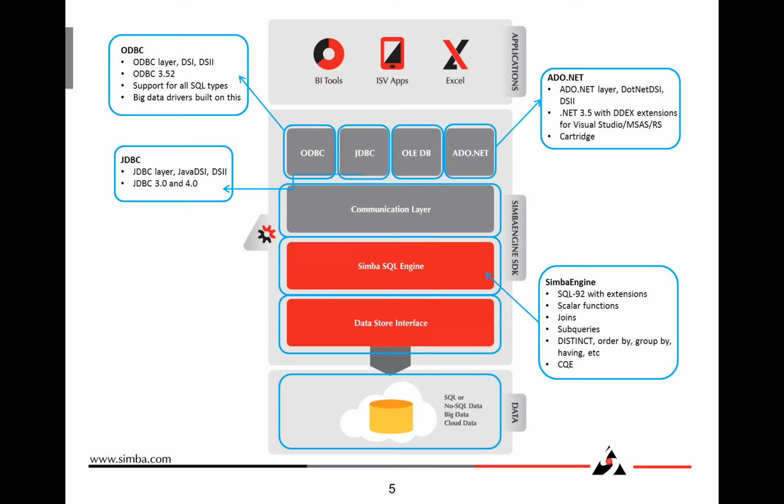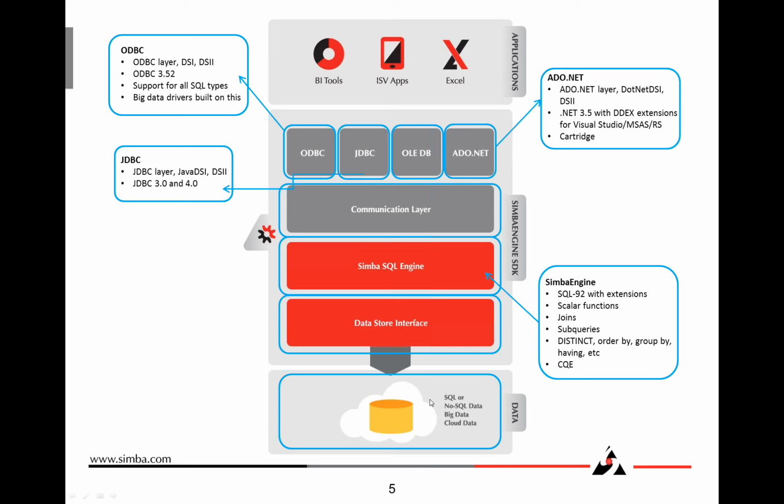All right. In front of you now is a graphical depiction of what we call the SimbaEngine stack. These are the different levels, the different Lego blocks, if you will, of the pieces that make up the Simba engine. At the bottom is your data, whether it's SQL, non-SQL, big data, or cloud data, it doesn't matter.